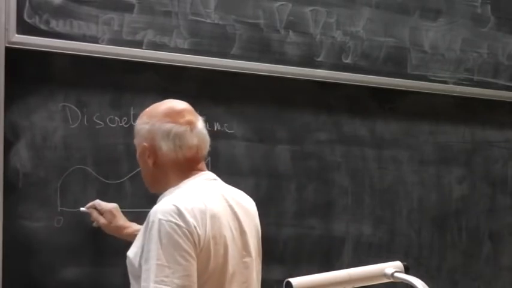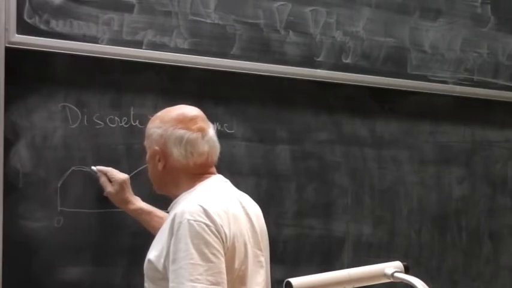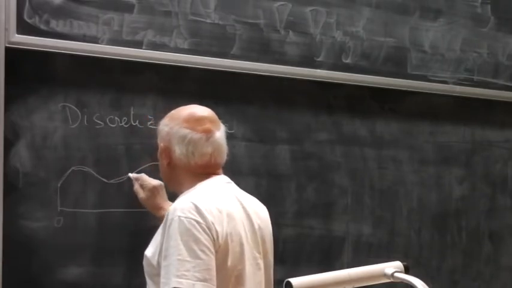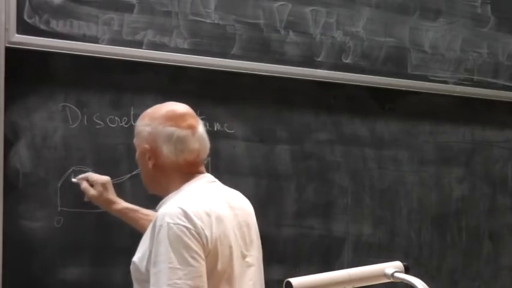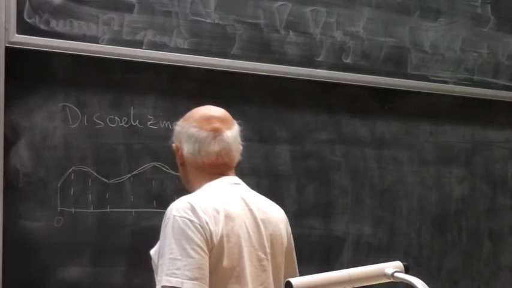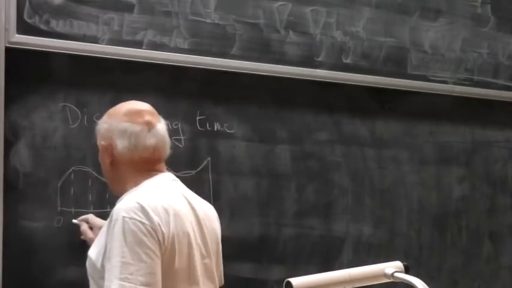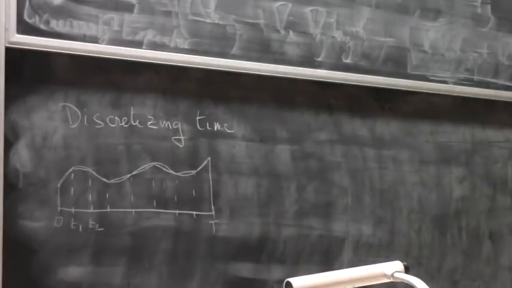What you do is replace this curve by a polygonal curve, which is a familiar procedure, by subdividing the time interval into small pieces.